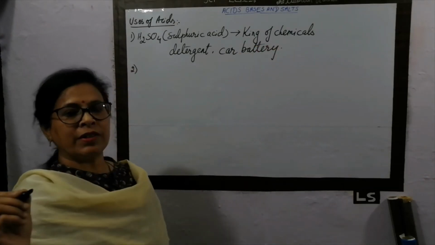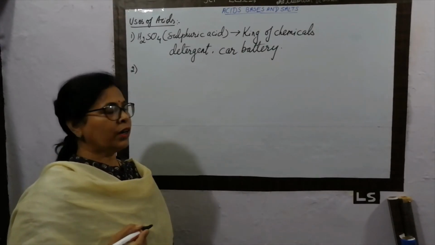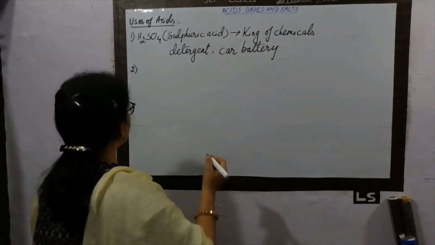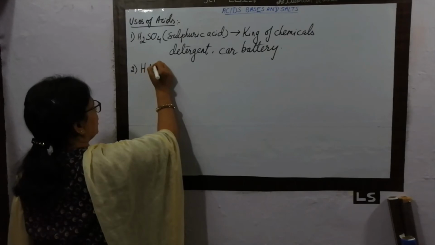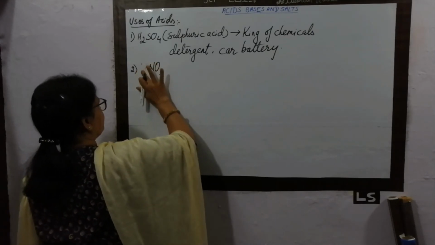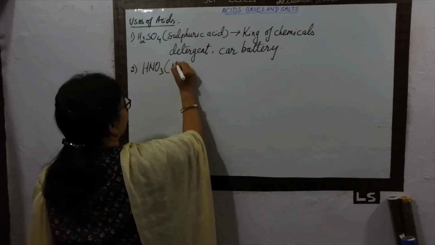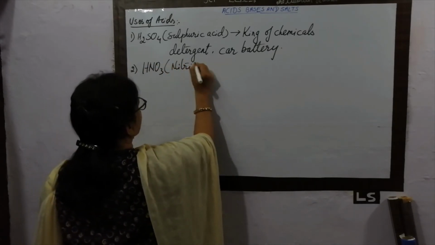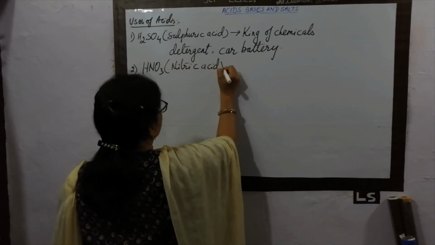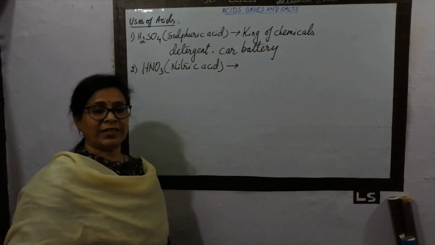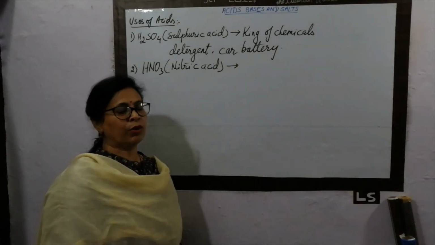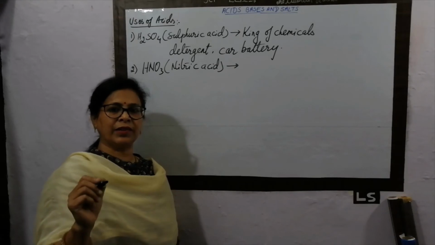The second type of acid which is also important is called nitric acid, that is HNO3. As I told you, there are lots of uses of the acids in day-to-day life, or in lots of products related with the acid.